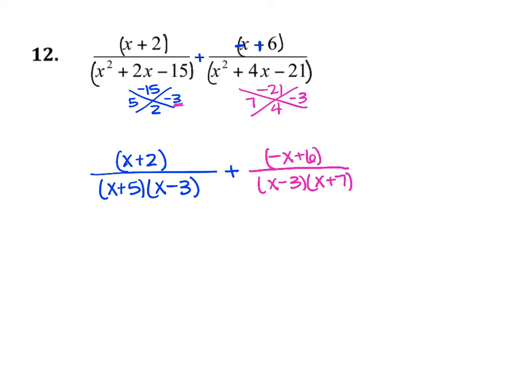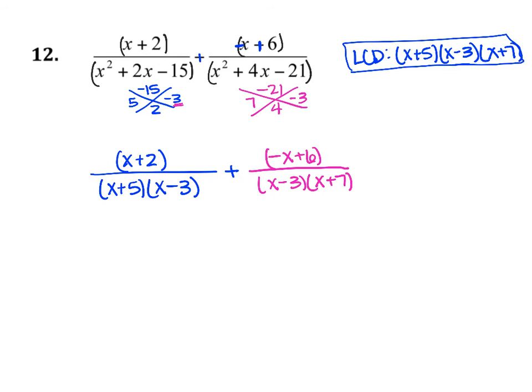To find my least common denominator, I want to know everything from the first denominator, x plus 5 and x minus 3, and then anything I didn't write down yet from the second one. Well, the second one has an x minus 3, but I already wrote that down, and it also has an x plus 7. So my least common denominator needs all 3 of those groups.